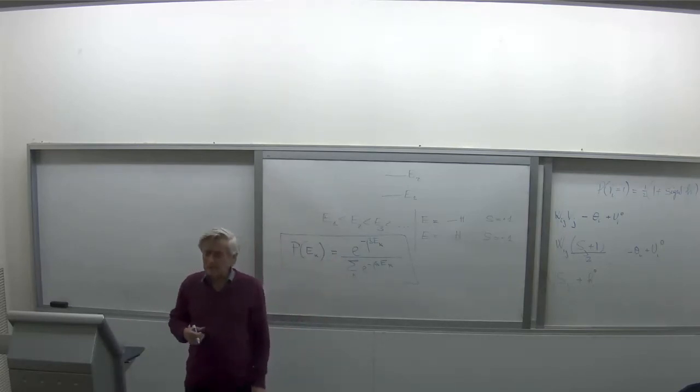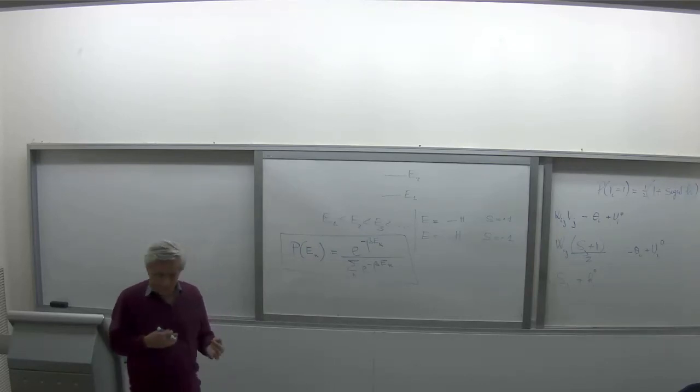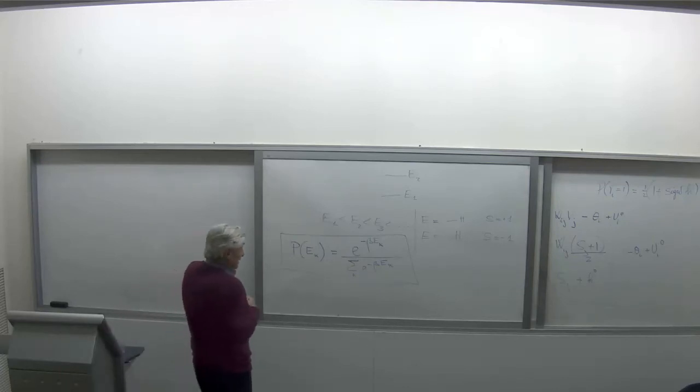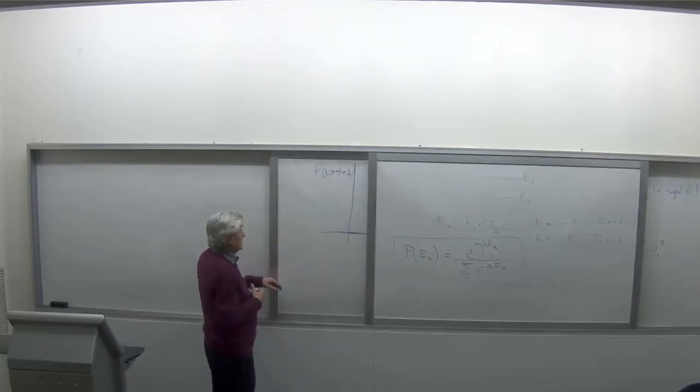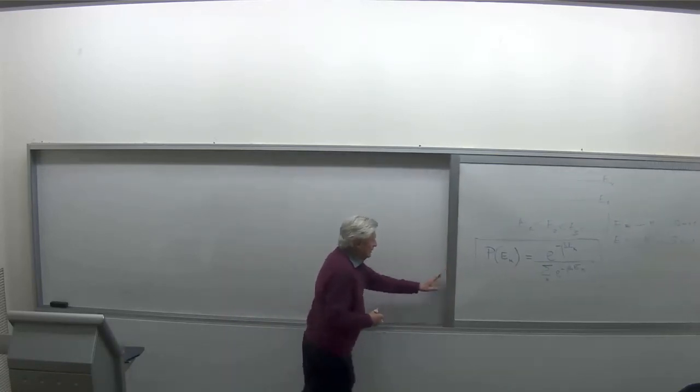Now, what happens when beta goes to infinity? Let me show you what happens formally. You can guess what happens when beta goes to infinity, but let me show you formally.